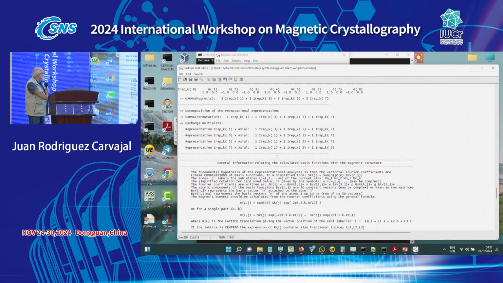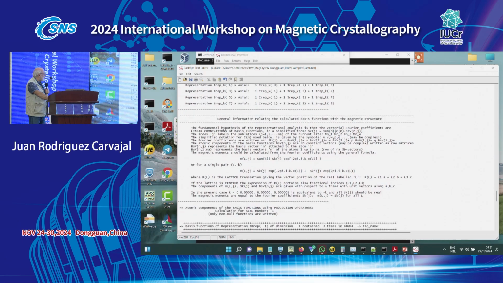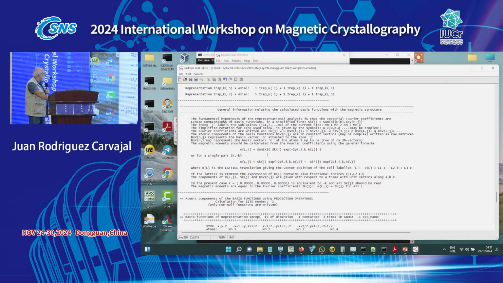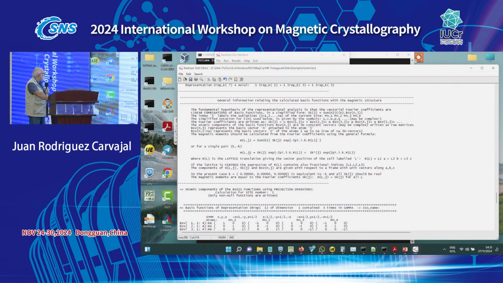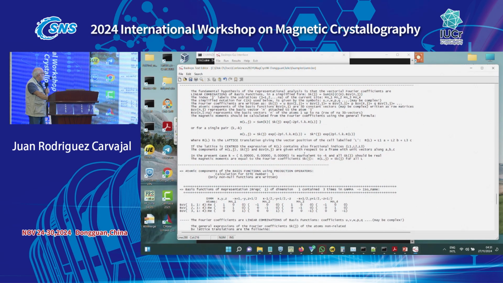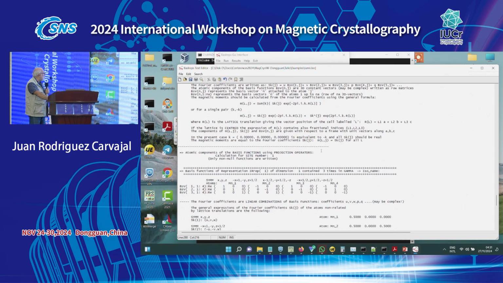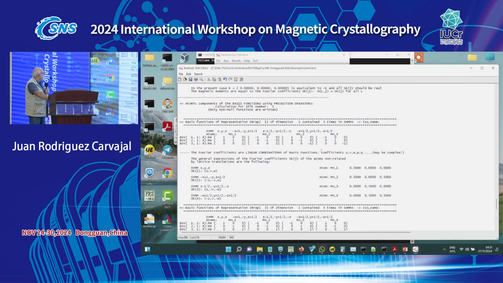And you see, well, there's some explanation about what we are doing and what is the convention that we use for the magnetic moment as a Fourier series using SK vectors. And these SK vectors are in general linear combinations of the basis vectors. Then we can calculate the basis vectors here like that.